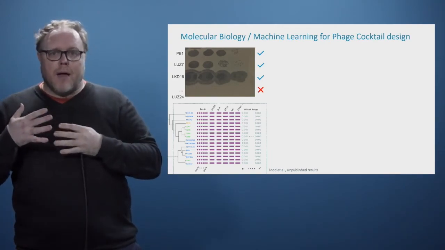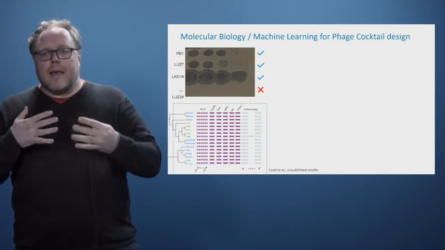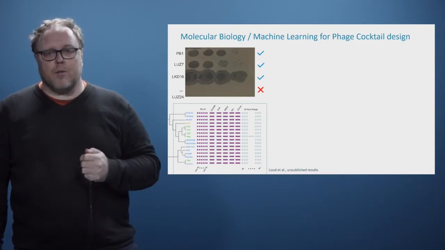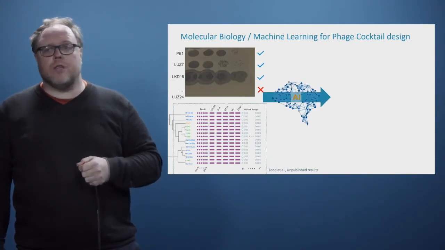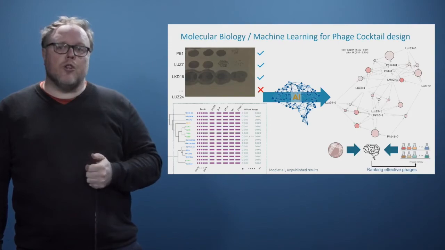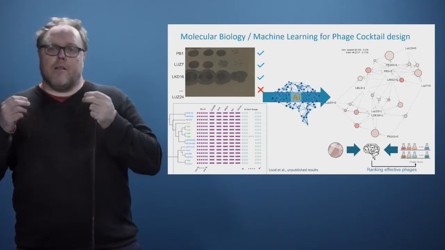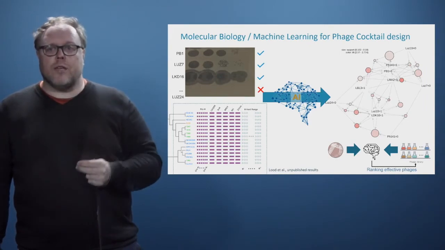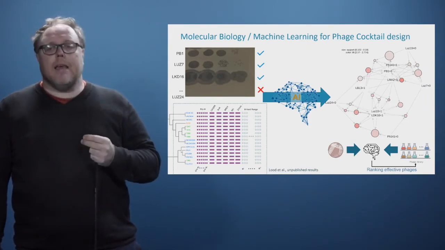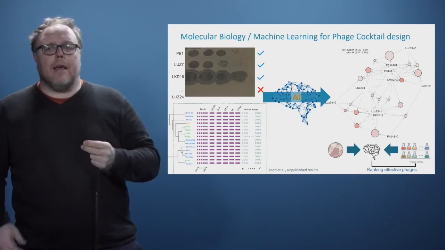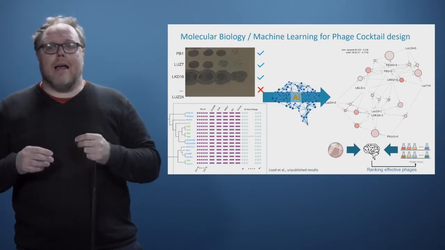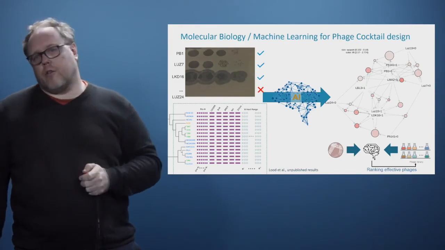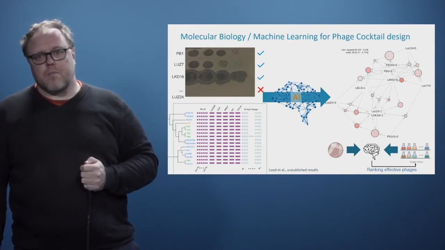So we're using a lot of biology, a lot of molecular insights to ascertain that interaction between the two, but we're also using machine learning to discern the rules and the molecular determinants that are important when choosing the right phages. And this really goes towards designing a phage cocktail that's optimal for certain patients.